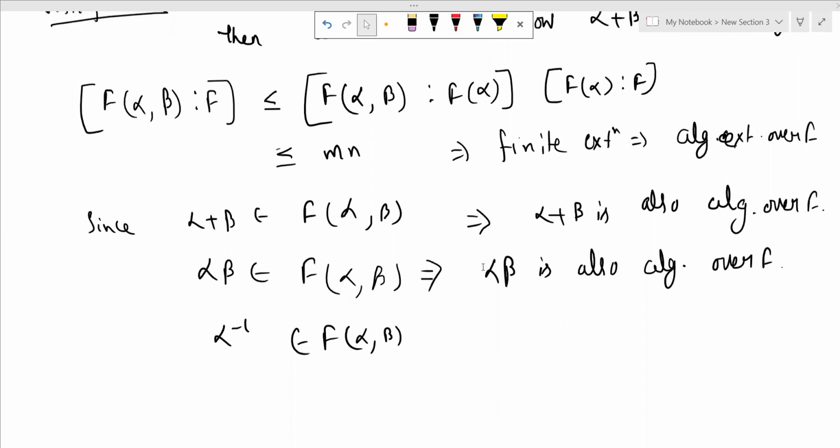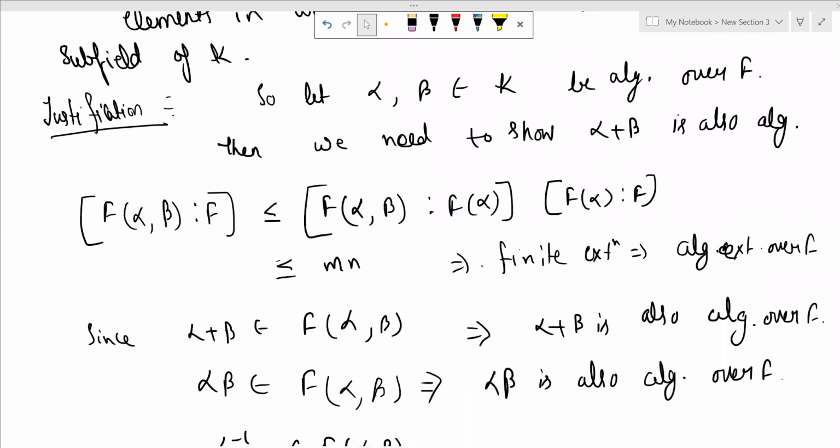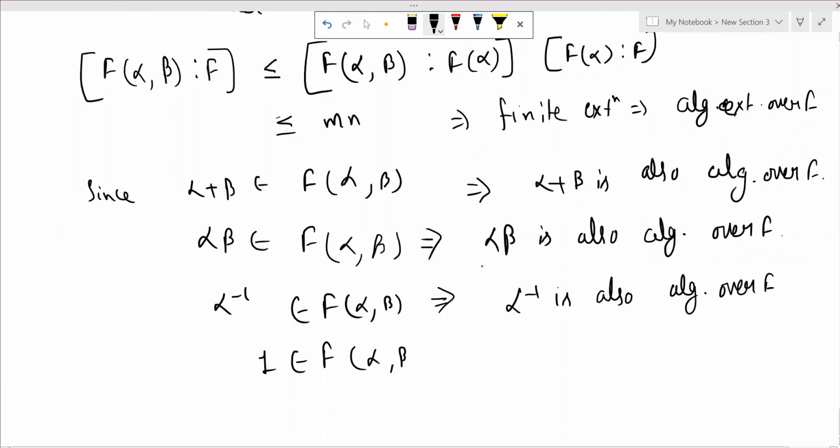So let alpha not equal 0. This means alpha inverse belongs to F(alpha, beta), which means alpha inverse is also algebraic over F. Also 1 belongs to F(alpha, beta), so 1 is always algebraic over F.